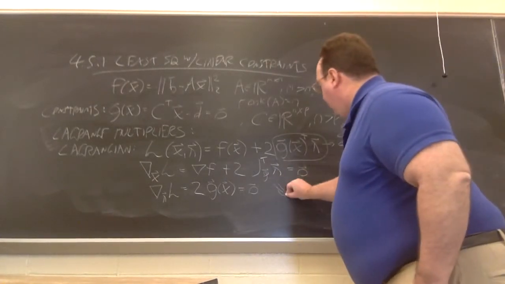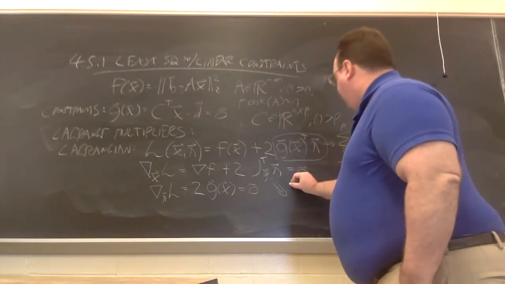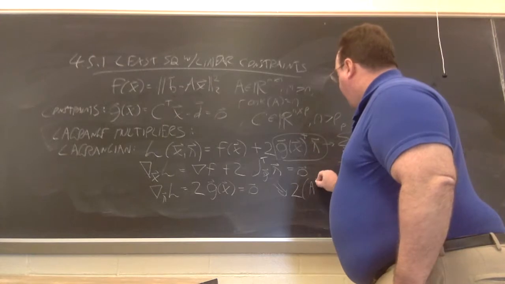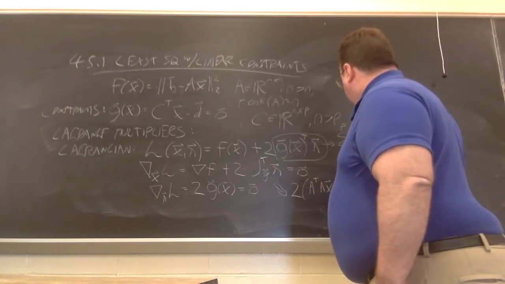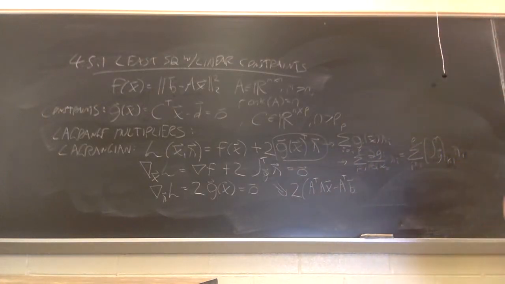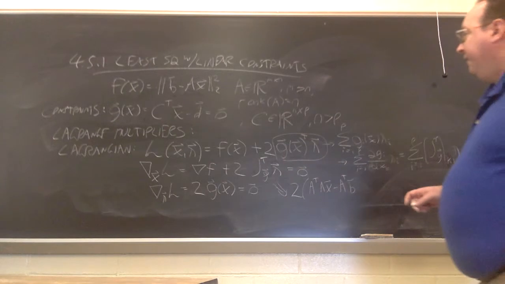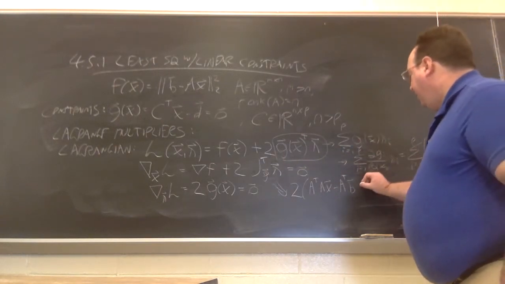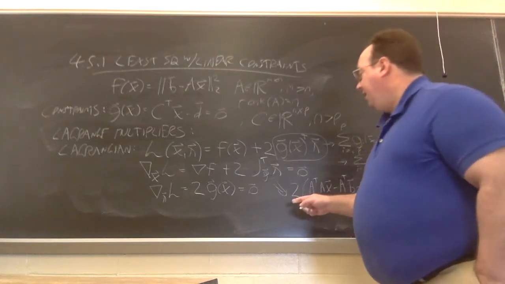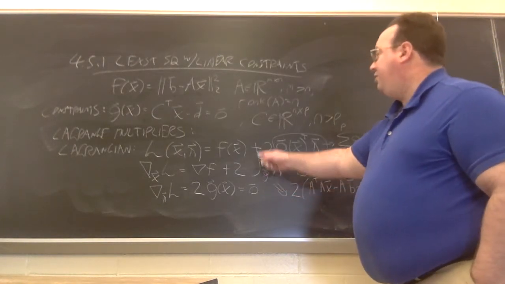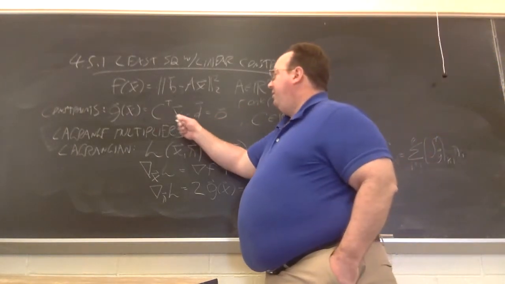So the gradient of f is 2 A transpose A x minus A transpose b. You've seen that before from when the normal equations were derived. So it's the exact same thing. Plus, now the Jacobian of g is a derivative with respect to x.